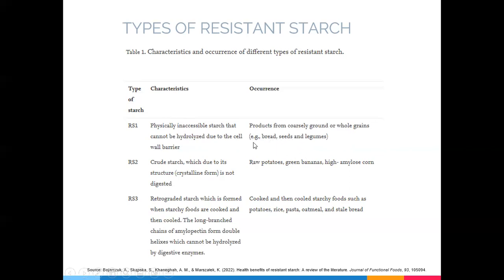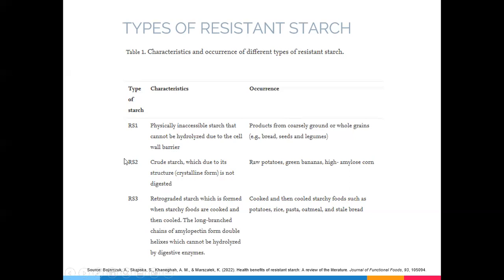So usually RS1 is found in these sources. It is physically inaccessible due to the cell wall barrier. Even chewing or digesting them cannot release this physically inaccessible starch.